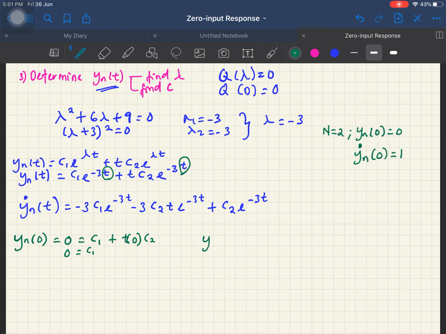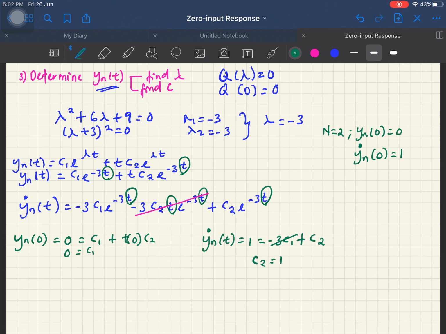Now yn dot of 0 equals 1, and you substitute this t with 0, this t with 0, and this t with 0. So you are left with minus 3 C1. For this one, the whole thing will be 0. So you are left with plus C2. And we know that C1 is also 0, so you will have C2 equals 1.